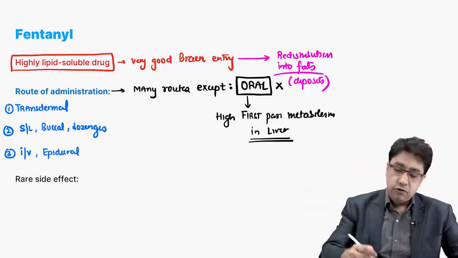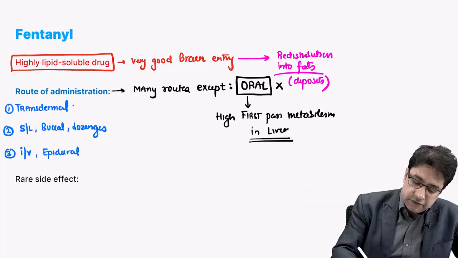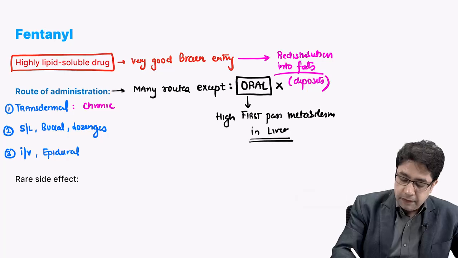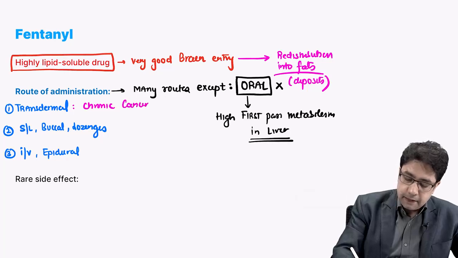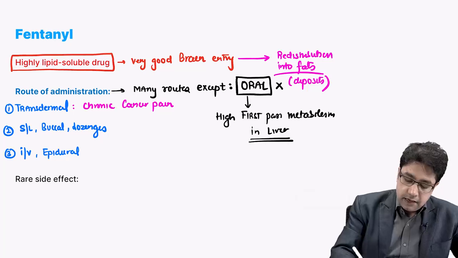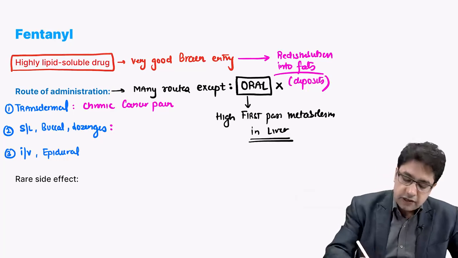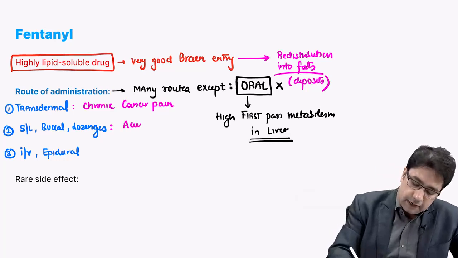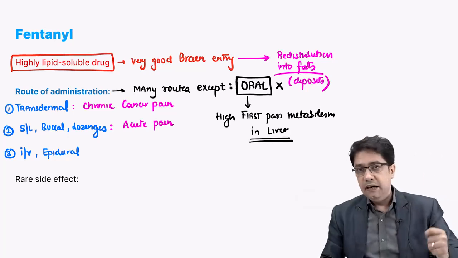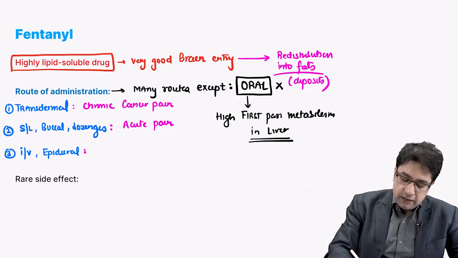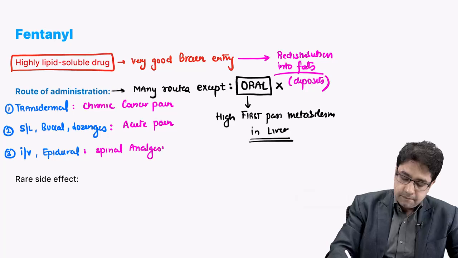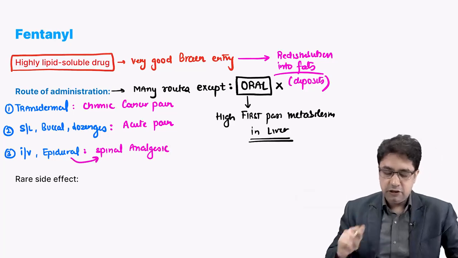As a transdermal patch, it's a very commonly used drug for long-term treatment of pain like chronic cancer pain patients. As a sublingual or buccal tablet, it has a very fast onset of action. It is given for acute painful condition. Similarly, IV and epidural injections, it can be given as a spinal analgesic, as an epidural injection.